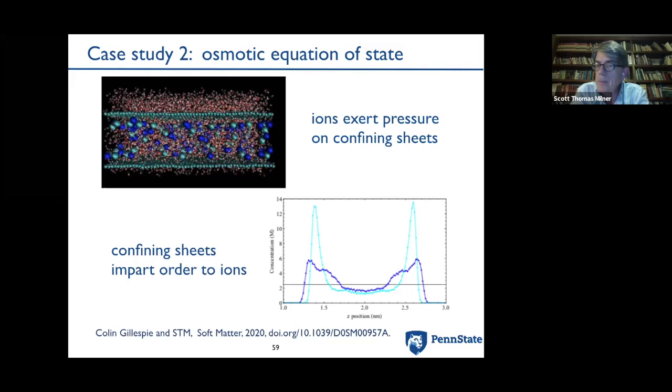And that works well, but not so well, because for one thing, those sheets impart a lot of structure to what should have been a uniform solution of ions. Because there's a hard flat wall there, there's a tendency of the ions to sit right up against the wall. So if you look at the concentration profile of the sodium and chlorine ions, which is what's plotted there, and I can't remember which one is which, but if you look at the picture, you can probably figure out, the blue ones are the sodiums and the cyan ones are the chlorines, and the blue ones are especially structured, I think.